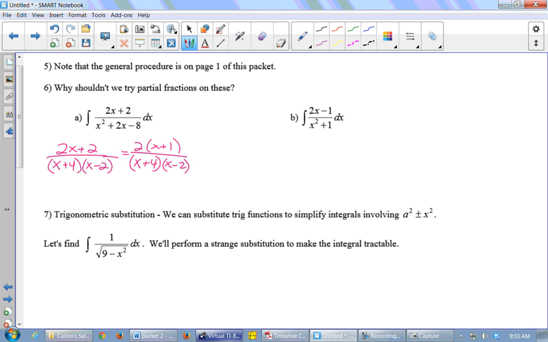I probably could use partial fractions on that. Why couldn't I? I think I could. But the second one does not factor.